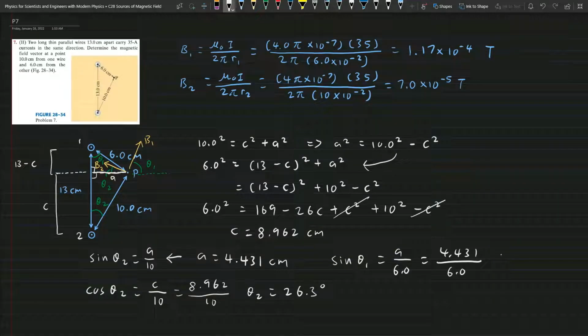We solve for theta 1. I get 47.6 degrees. Now we already have theta 1 and theta 2. We can solve for the magnetic field in each direction.